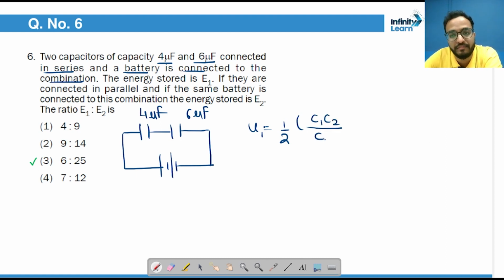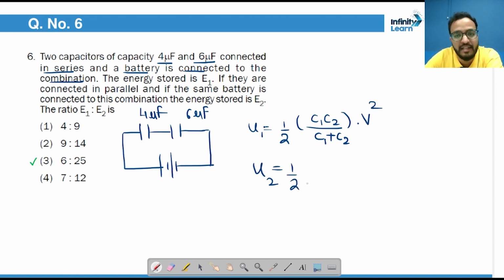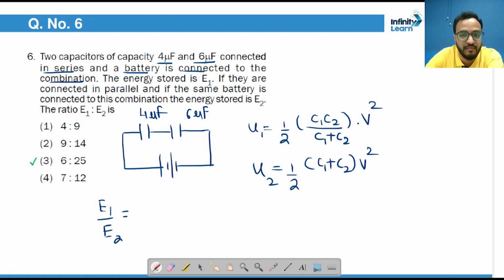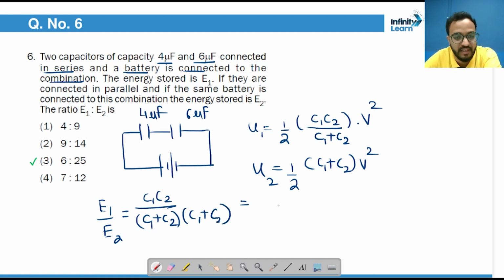C1 C2 upon C1 plus C2. And when they are in parallel, then C1 plus C2, right? Now if you want, you can take the ratio. E1 upon E2 will be C1 C2 upon C1 plus C2 into C1 plus C2, right?